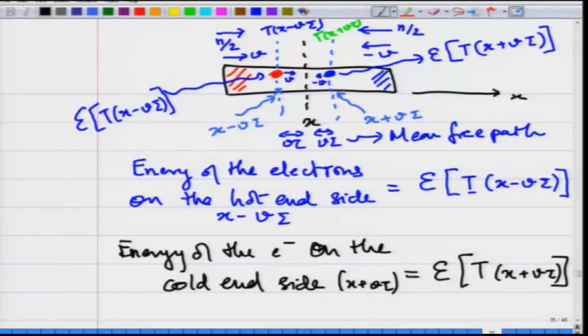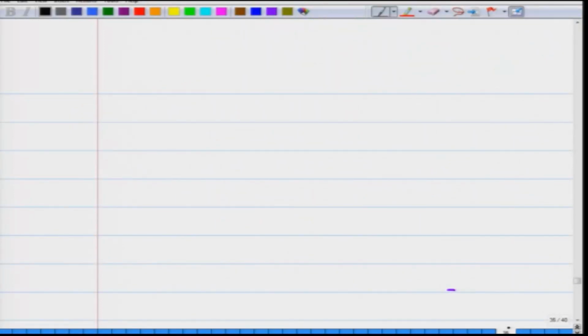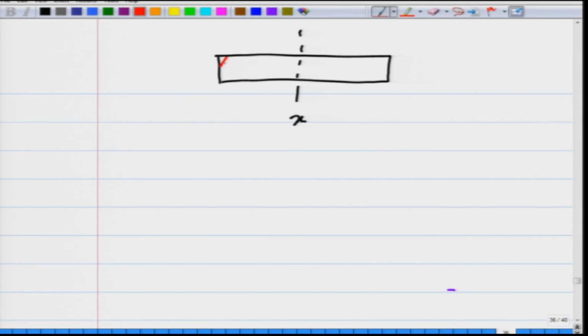So, now with this built in, let us calculate how much is the net heat flux that is moving through the sample from either end. Let us redraw this picture. You have x, you have the hot end side, you have the cold end side. This point is at temperature x minus v times tau, and this is at temperature x plus v times tau.